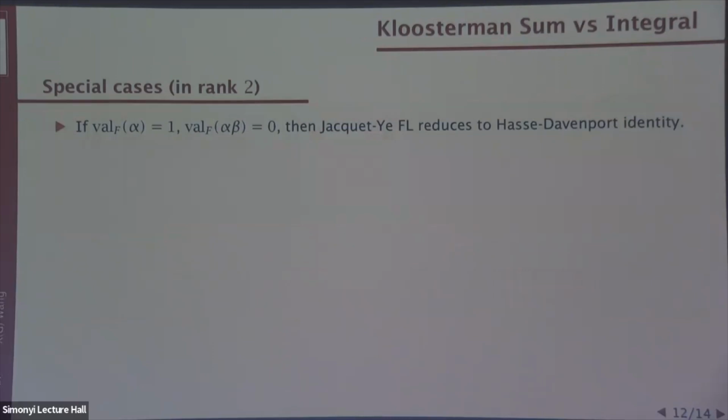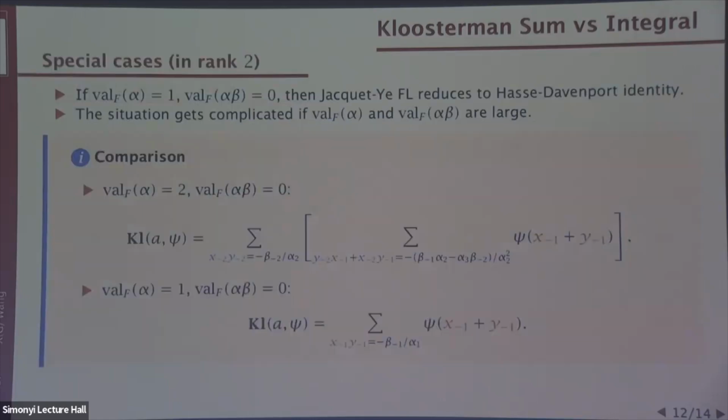And back to the comparison between the Kloosterman sum and the Kloosterman integral, in the first non-trivial case, the Jacquet fundamental lemma reduces to the Hasse-Davenport identity. And things will get very complicated if the valuations get large. For example, we have this comparison.